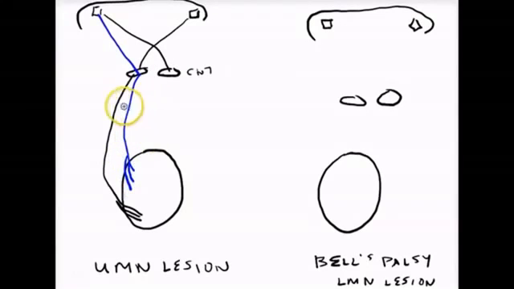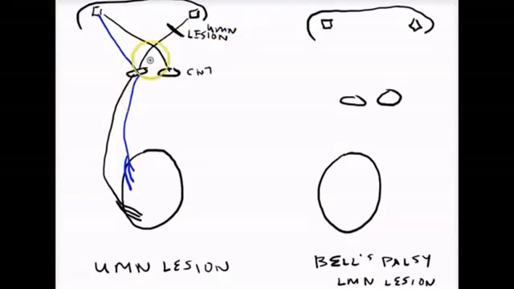Okay. Now, the difference between an upper motor neuron lesion and a lower motor neuron lesion is going to be the location of injury. So if we're dealing with an upper motor neuron lesion, let's say on the right side here, so this will be your lesion. So we now have an upper motor neuron lesion, right?